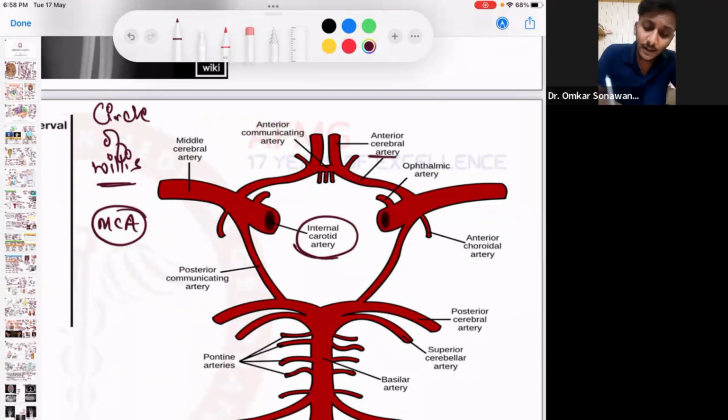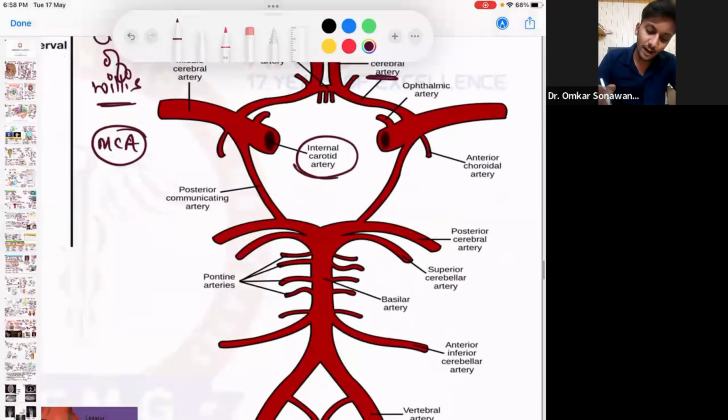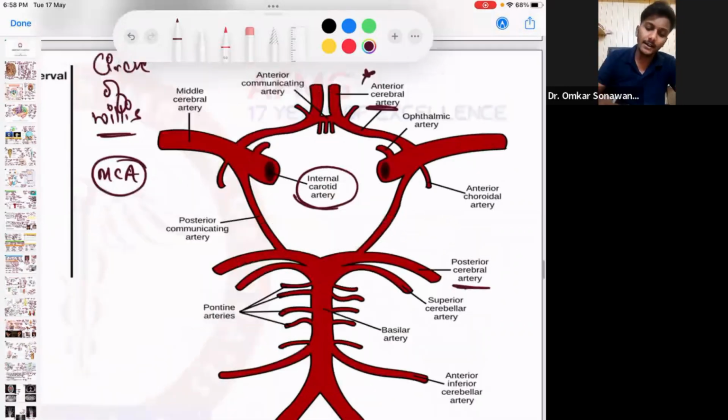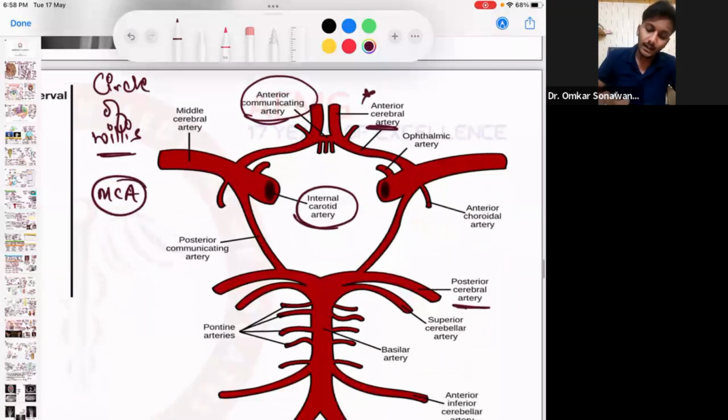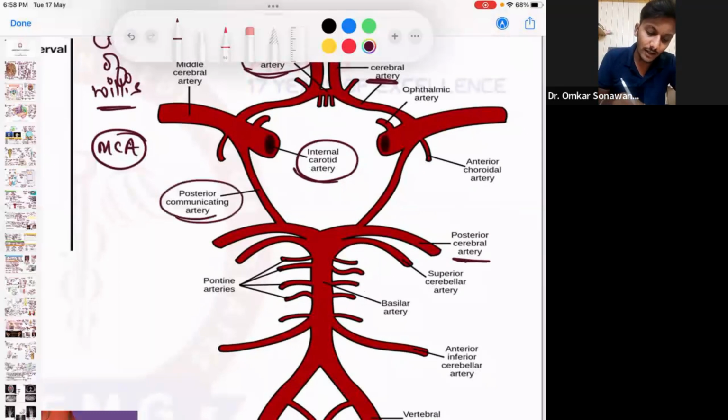Anteriorly, it is formed by a pair of anterior cerebral arteries. Posteriorly by a pair of posterior cerebral arteries. The artery communicating the anterior cerebral arteries is the anterior communicating artery. The artery communicating the posterior ones is the posterior communicating artery.